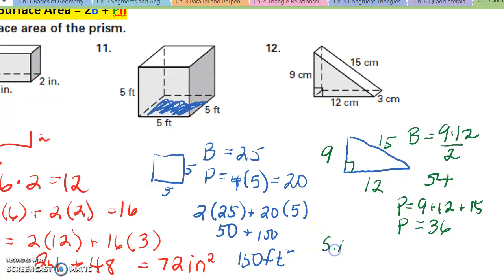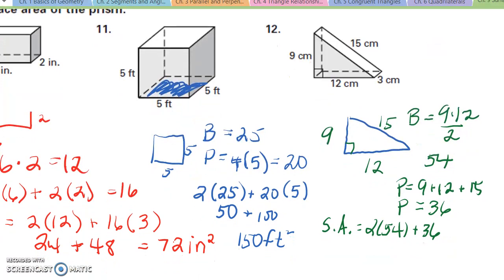Surface area equals 2 times the base plus perimeter times height. Okay, now take a look at your height. Your height is the distance between those two triangles, and really the only unit of measure we haven't used is this 3 centimeters. So that is the height of the prism.